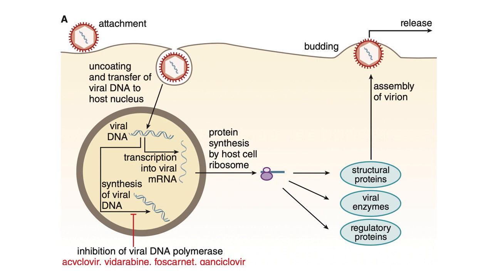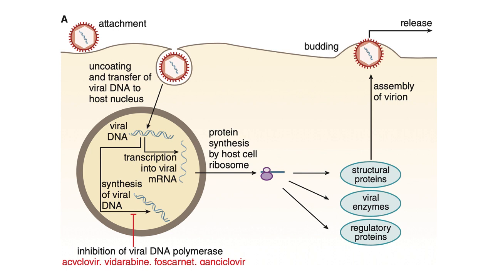So remember that a viral particle is composed of the genome, a protein capsid, and in some viruses, a lipid envelope. So in this step, while it is still in the vesicle, the capsid disintegrates and releases the nucleic material of the virus.